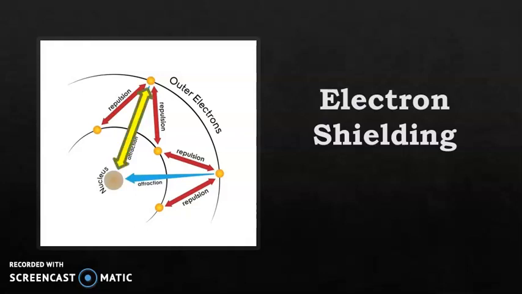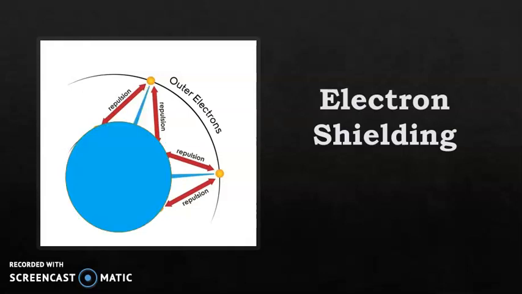Now, the outside electrons are almost as equally attracted to the nucleus as those inside electrons, except for one key thing. They're being blocked. The inside shells literally shield the outside electrons from being able to attract to that nucleus as well. They're blocking them. You've got to get through that line of defense to try and get to that beautiful positive center. This is electron shielding.